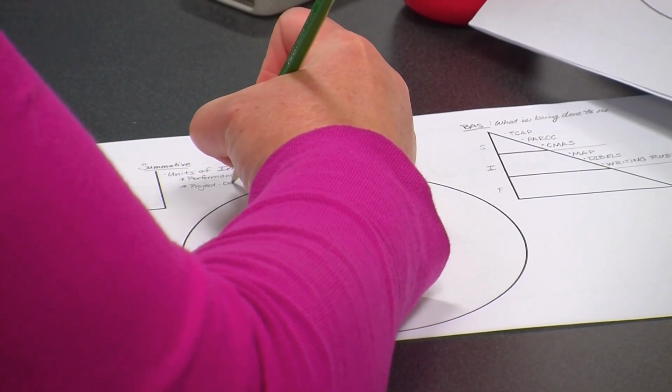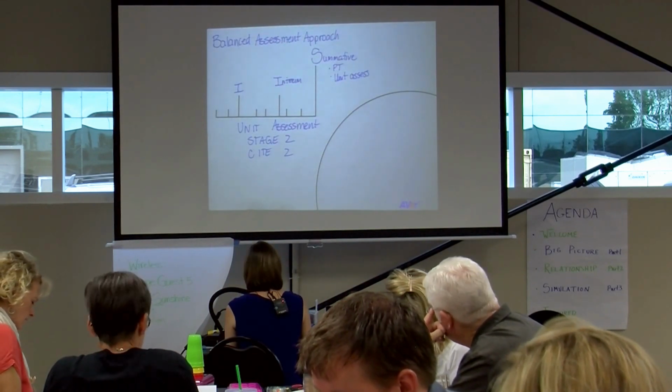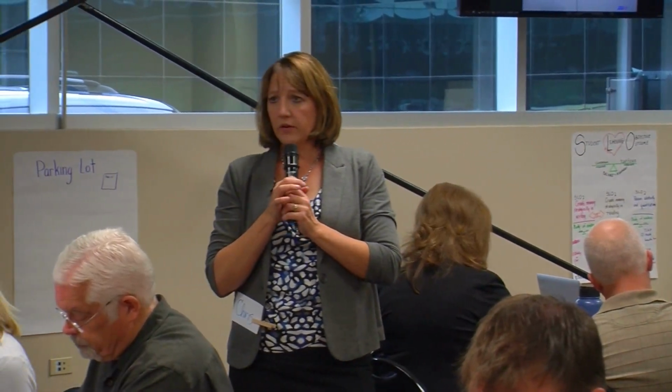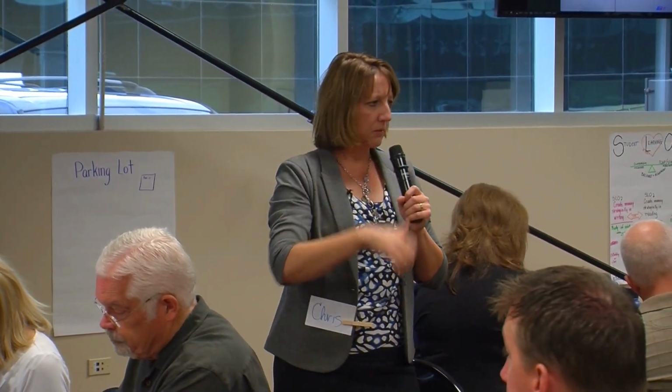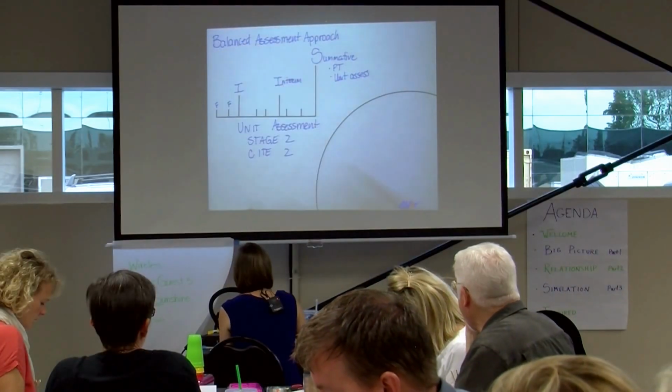Those are the decisions we make to check where our kids are toward that learning outcome at the end, toward that summative assessment. So in the interim, our head is down, we are plugging away, the kids are plugging away, we are moving and grooving, and every so often we have to look up, lift our head up, and see where we are. How close to that target are we?